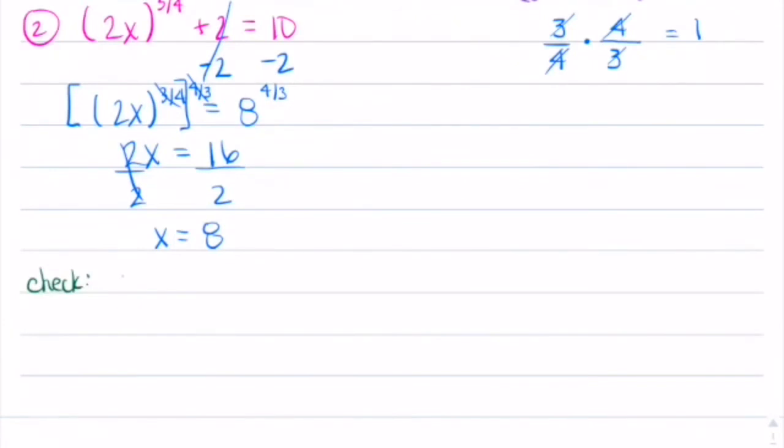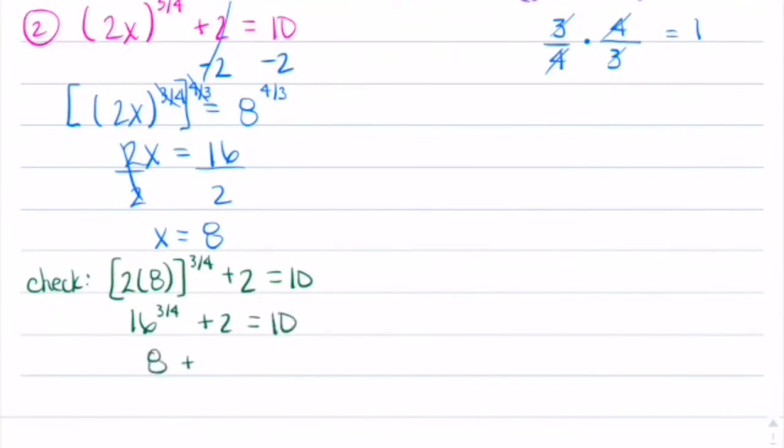So let's plug in 2 times 8 to the 3/4 power plus 2 is equal to 10. 16 to the 3/4 power, which if you put that in your calculator is 8, plus 2 equals 10, and yes, 10 is equal to 10, so we are good and we can box this as an answer.